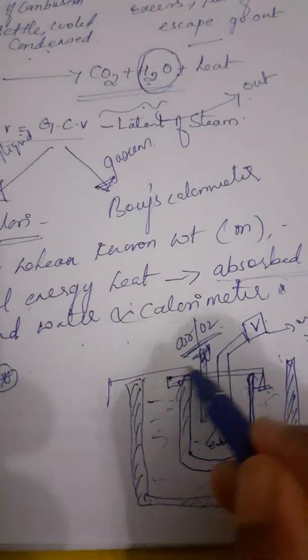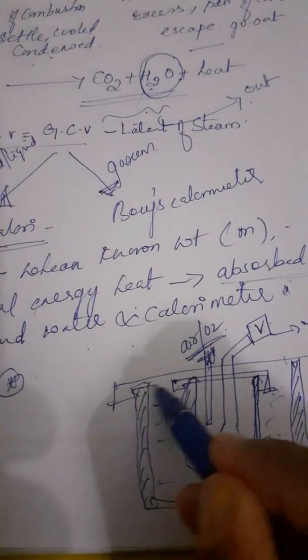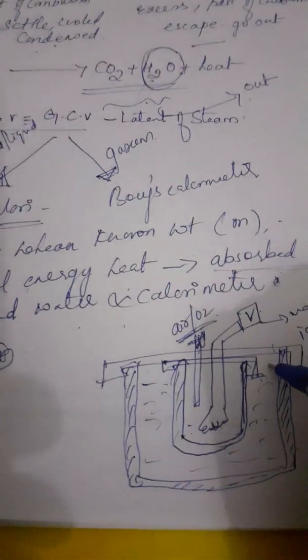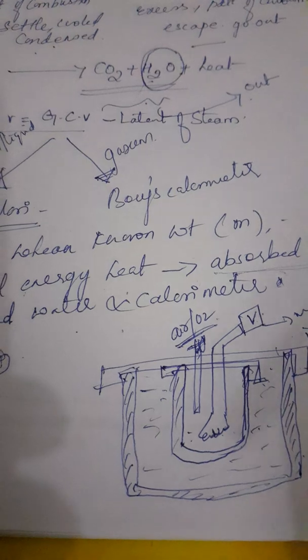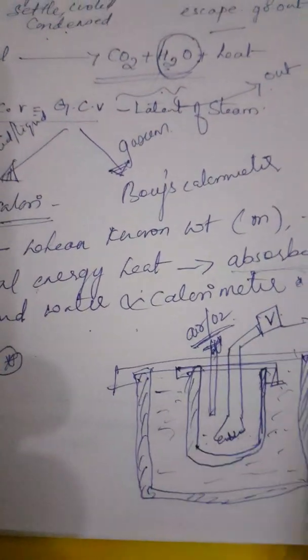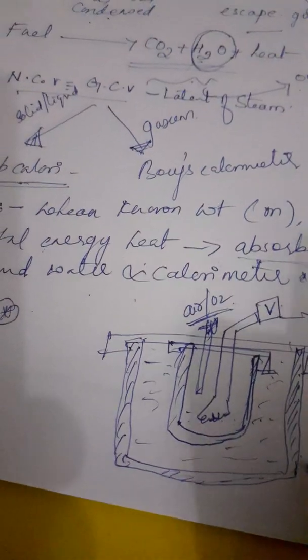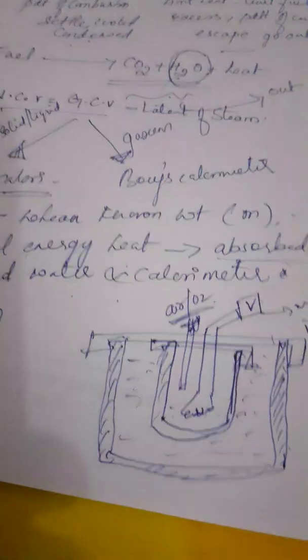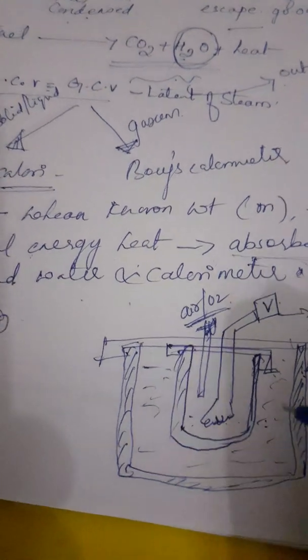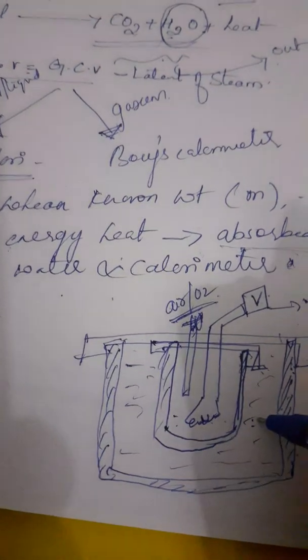This copper vessel is properly sealed or packed so that no heat should go out. It is properly insulated, we can say. So this copper vessel is called the calorimeter, the copper calorimeter containing a known weight of water.